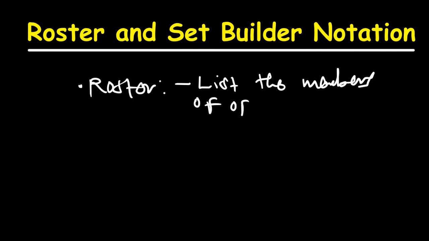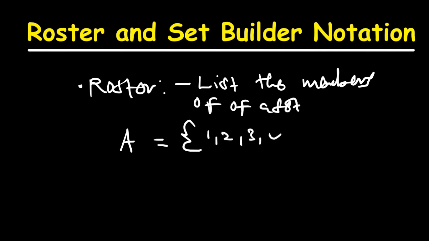For example, my set A is equal to, let me just use numbers, 1, 2, 3, 4, 5. You can see that I've listed all the elements in this set A. This listing method is what we call the roster form.